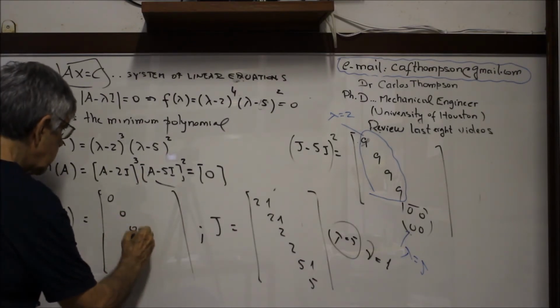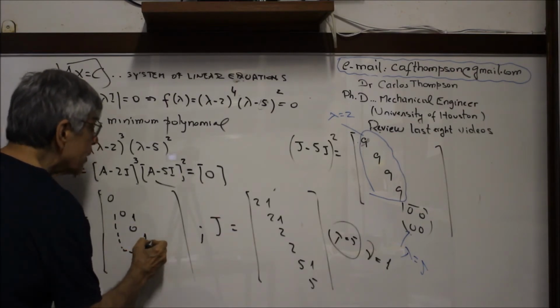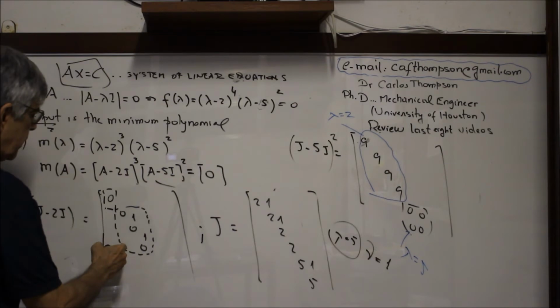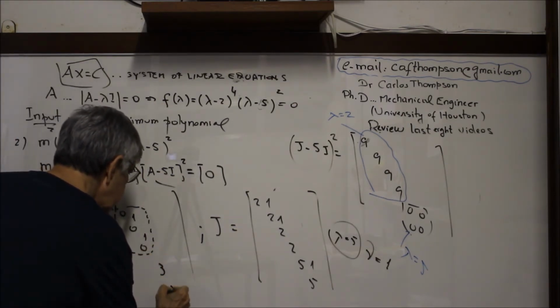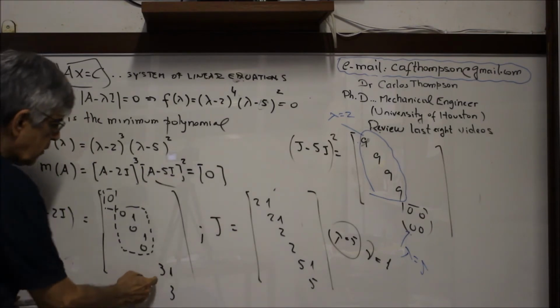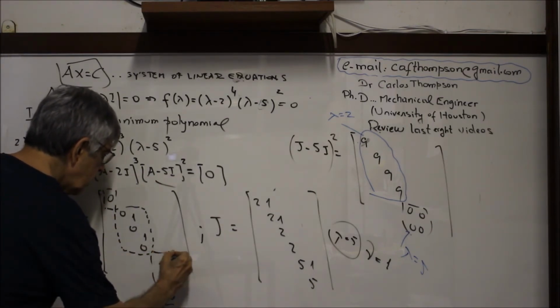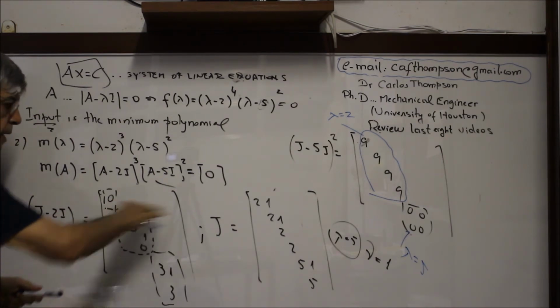Now I can put one here and one here. It's the same thing, you see? The same here. I still have 2 blocks here. And also here, I have 3, 3, and 1 here, because 5 minus 2 is 3. This is a block for lambda equal to 5. There's a block for lambda equal to 2. See? Now, the same thing.